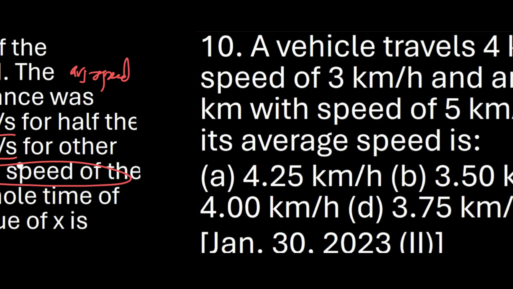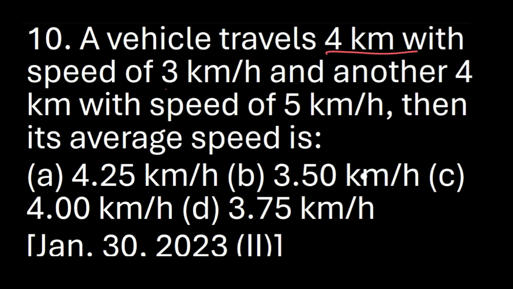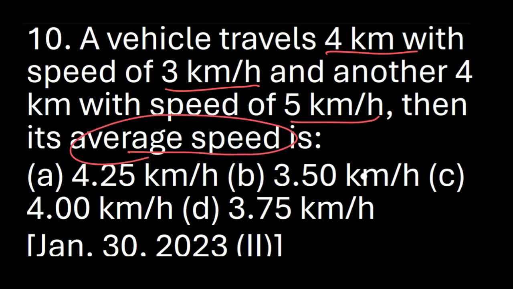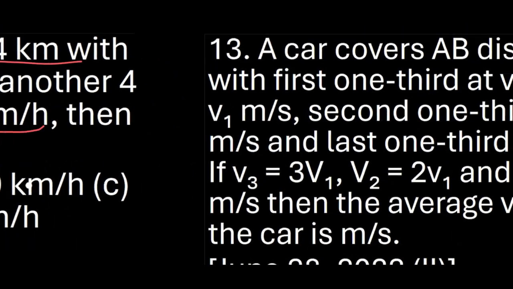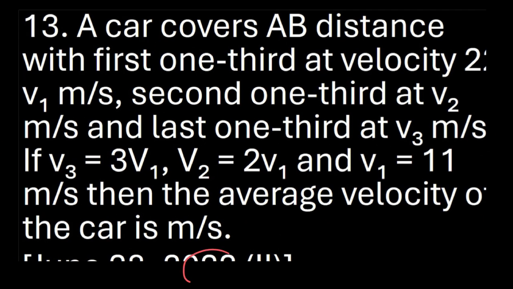Okay. Another question, the same JE Mains: 4 kilometer with speed of 3 kilometer per hour, another 4 kilometer with speed of 5 kilometer per hour. Then the average speed, again based on the same concept.